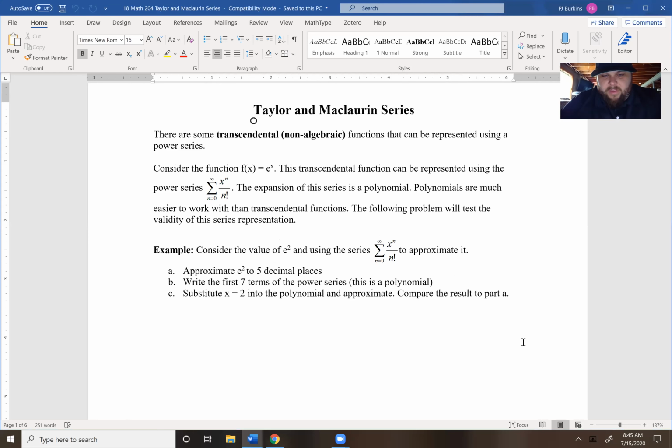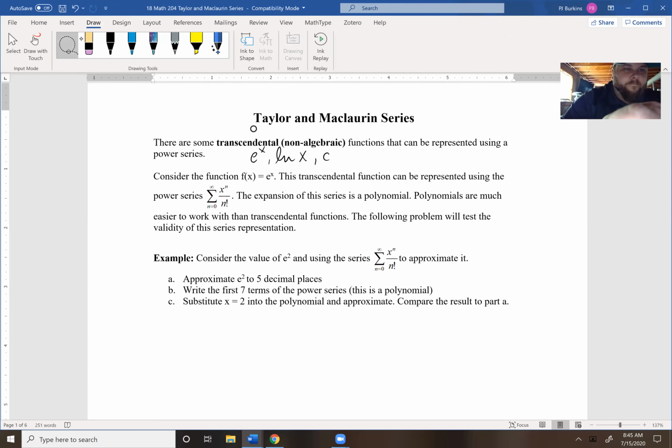So you may have noticed last time when I was talking about power series, I mentioned transcendental functions, and those are things like e to the x, natural log x, cosine x, stuff like that. And these functions cause some trouble when we start to do things like take derivatives, integrate, and solve differential equations.